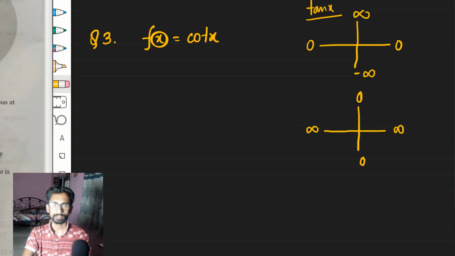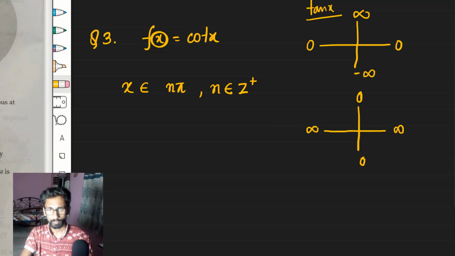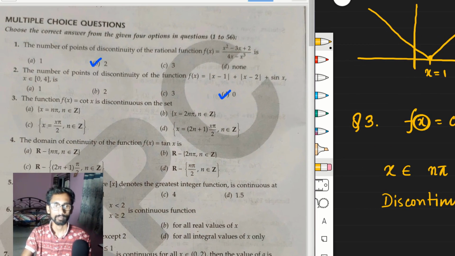So in this case, that is f(x) equals cot x, the points of discontinuity are the integer multiples of pi. That means for all x belongs to n pi, where n belongs to Z, the given function is going to be discontinuous. So option A is the correct answer.